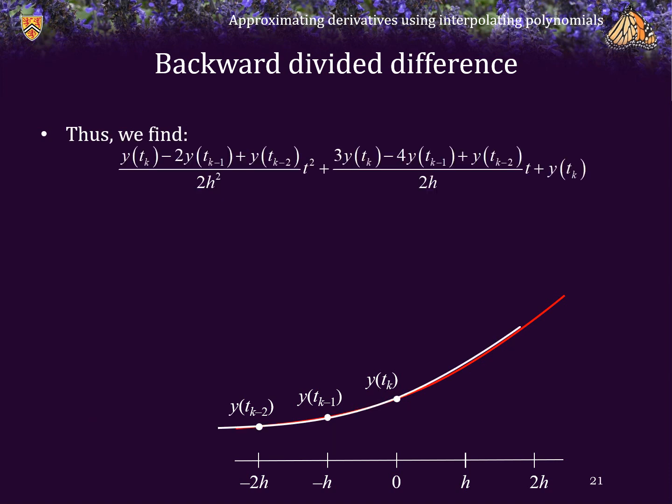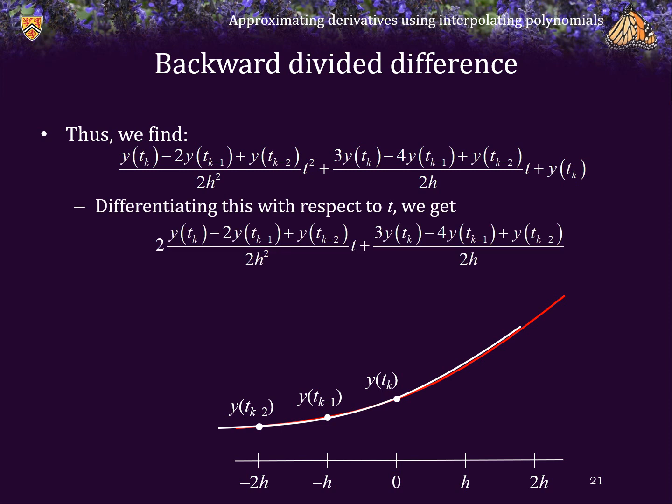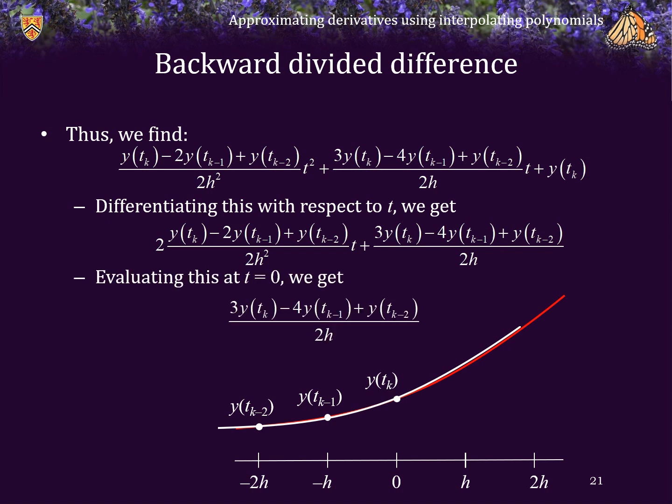So if you were to find the interpolating quadratic, you would find this formula here. It's a quadratic in t. So we will differentiate this quadratic with respect to t, which gives us this expression here. And if we evaluate this at t equals 0, that first term disappears, and we're left with a formula of the constant term.